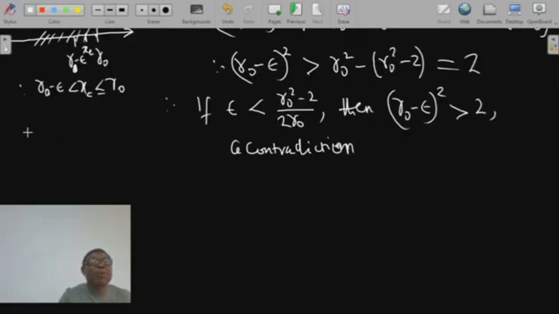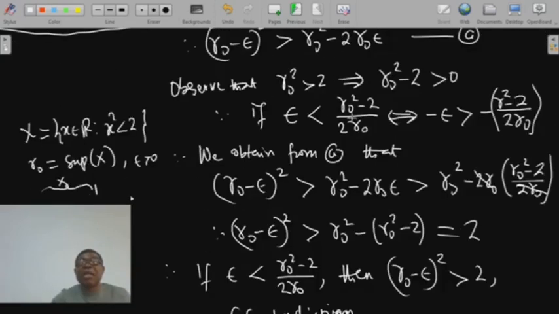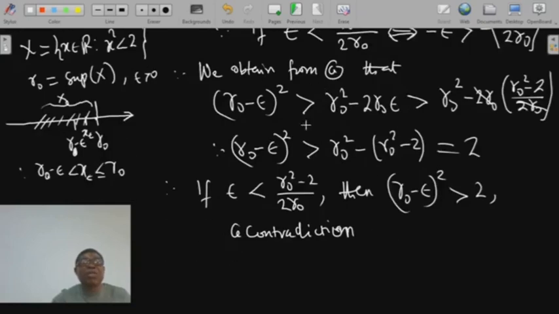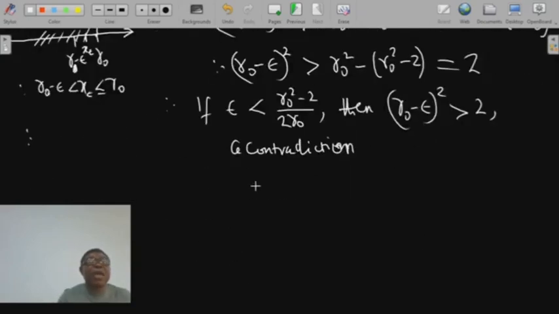This will mean therefore that, remember our assumption is that gamma naught squared is greater than 2.